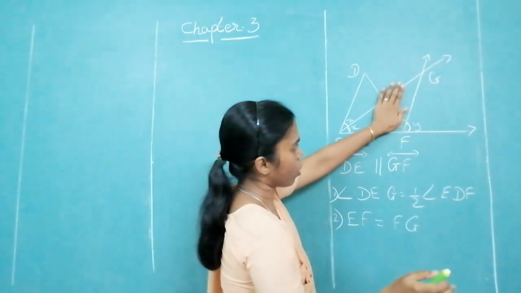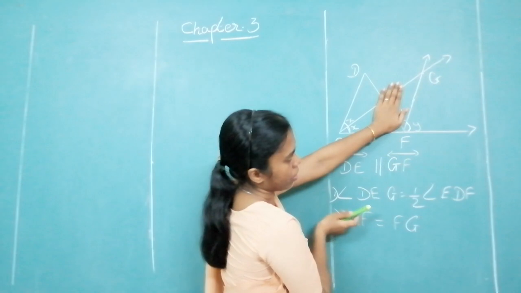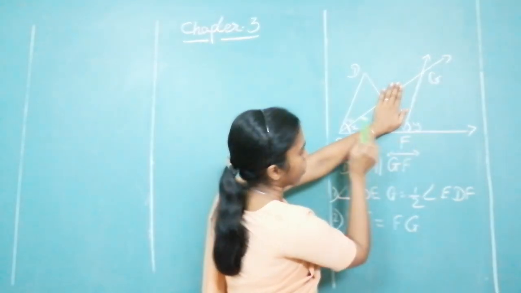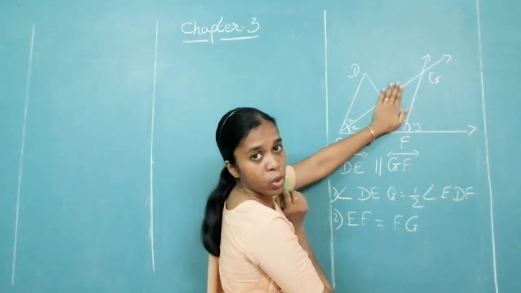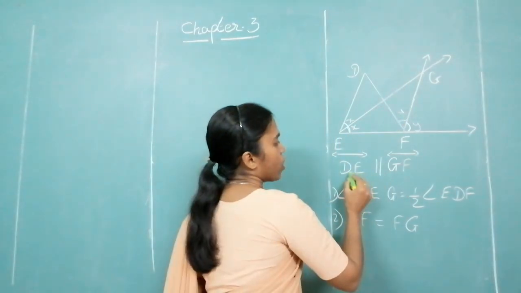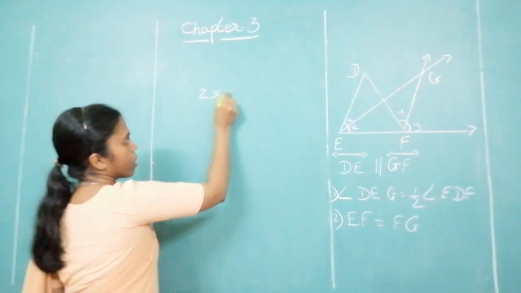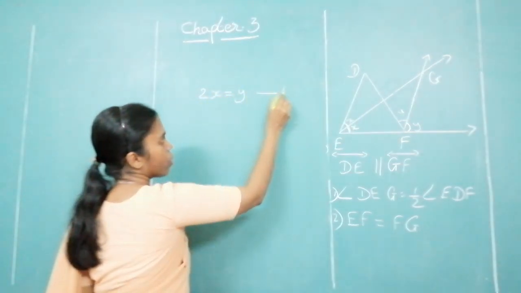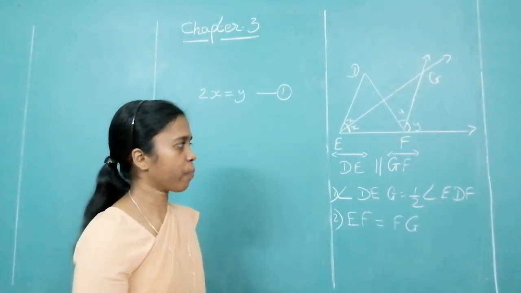I suppose this is clear to you. This line is parallel to this line. This is your transversal. So angle 2x and angle y, what can you say about them? Because these are parallel, you can say that 2x is equal to y. That's the first equation: 2x is equal to y.